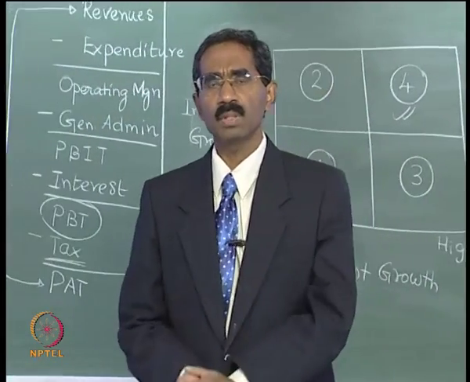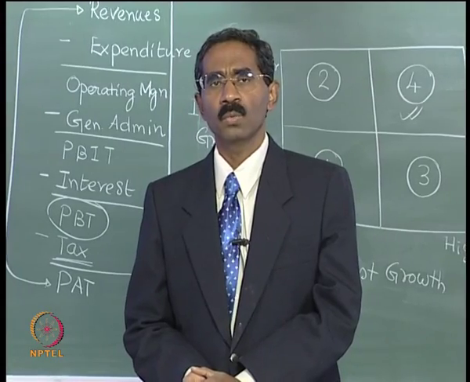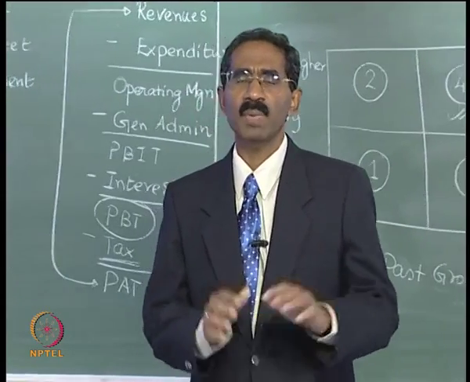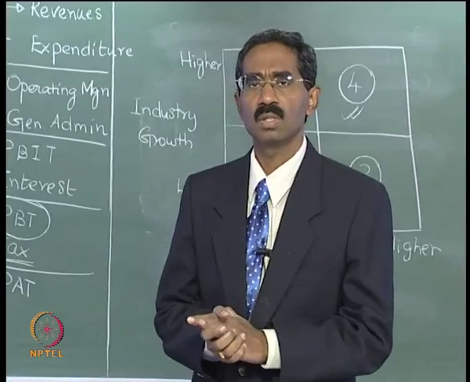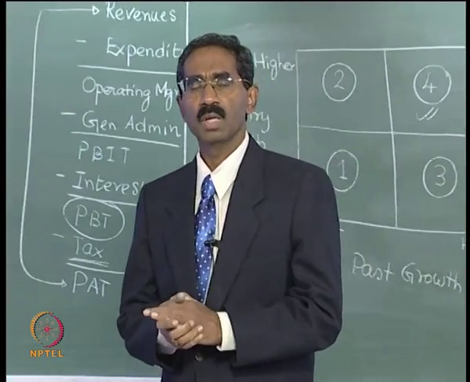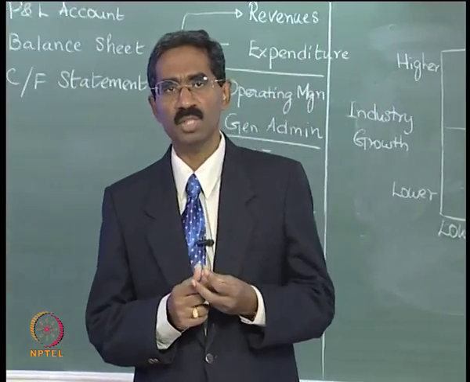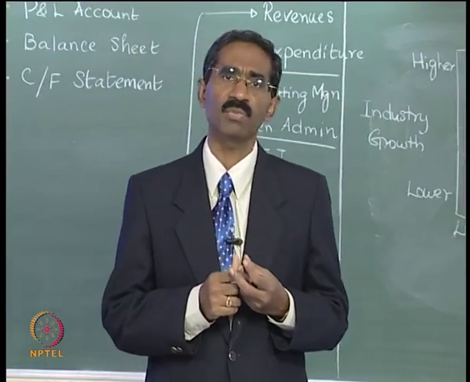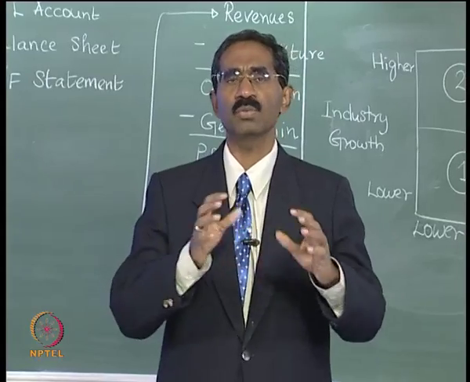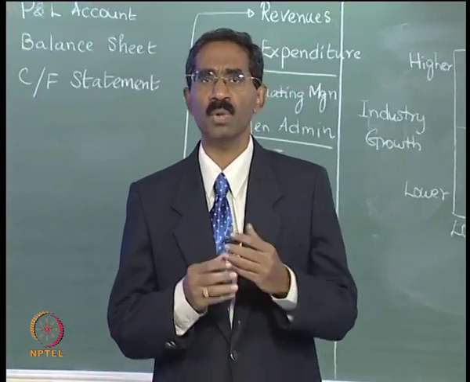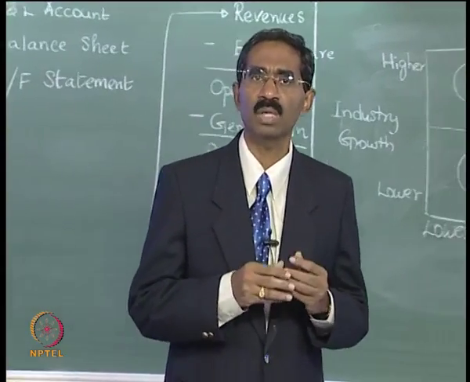So, to sum up, we have looked at 3 parameters of performance in this lecture. We talked about growth, and we talked about profitability, in which we looked at 2 types of profitability ratios: the profit margin ratio and the rate of return ratio.